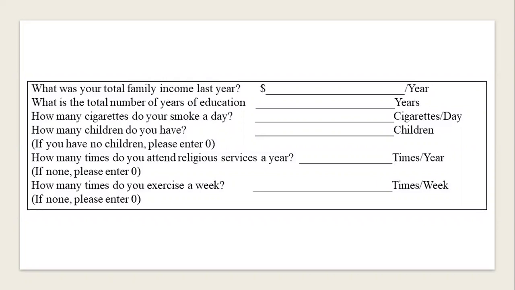How many children do you have? Again, the answer could hypothetically be 0. So the answers to each of these questions could range from 0 to infinity. These are some examples of the ways in which we would go about asking questions on a survey in order to produce continuous ratio level data.